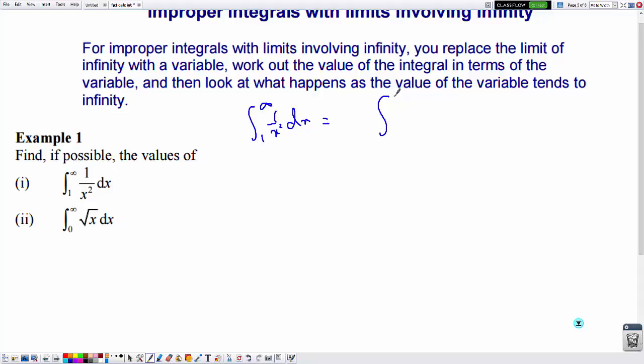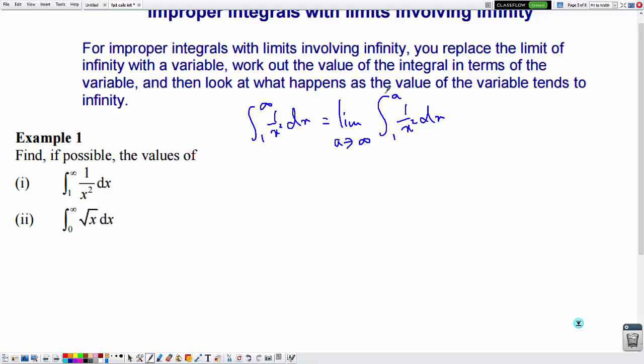Usually we use a or b, and don't use c because we use that as the constant of integration. So I'm going to replace that infinity with an a. The 1 is not a problem, so that stays a 1. We're still working out the integral of 1 over x squared dx. Now these 2 aren't equal yet. I can't just replace an infinity with an a. What we can do, though, is say this is equal to this as a tends to infinity.